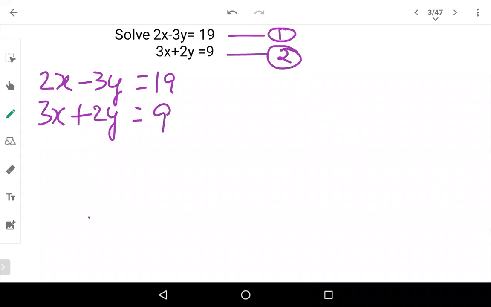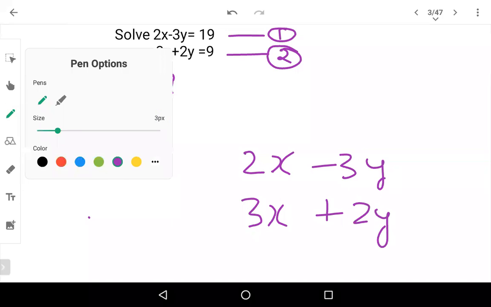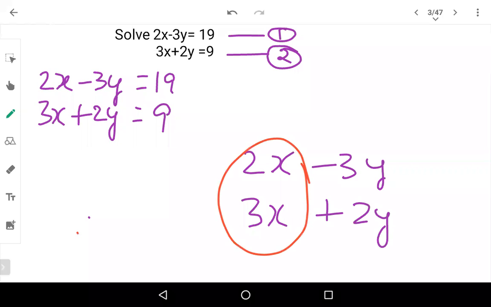Okay, so we have copied down the question once again. Now, if you see this question, it has 2x minus 3y and 3x plus 2y. What we want to do in the method of elimination is, this first variable x, I want the coefficient to become the same number. x is already the same.